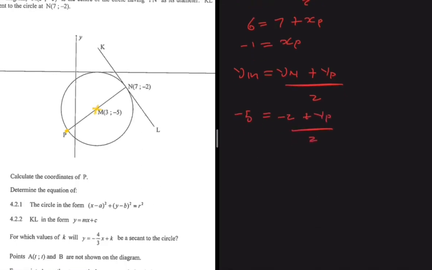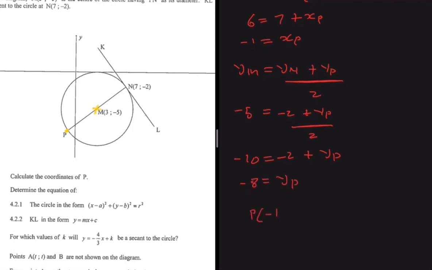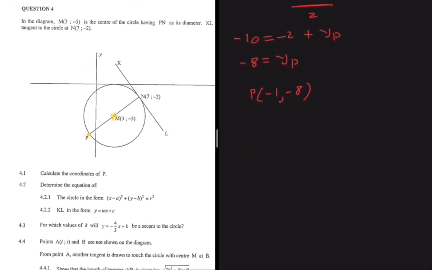If we cross multiply this, we should get minus 10 being equal to minus 2 plus y of P. So minus 8 is equal to y of P. So the coordinates of P are minus 1 and minus 8, right?